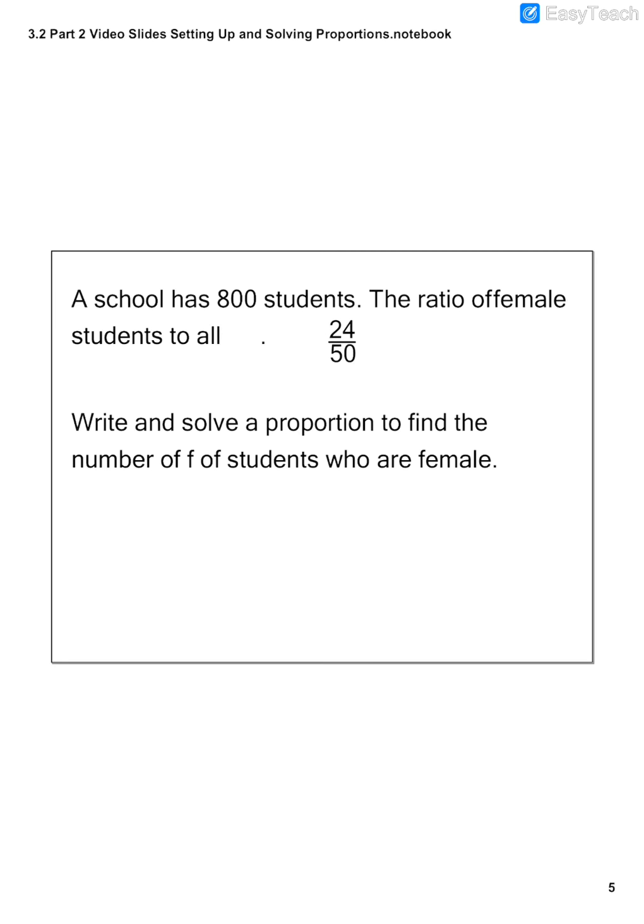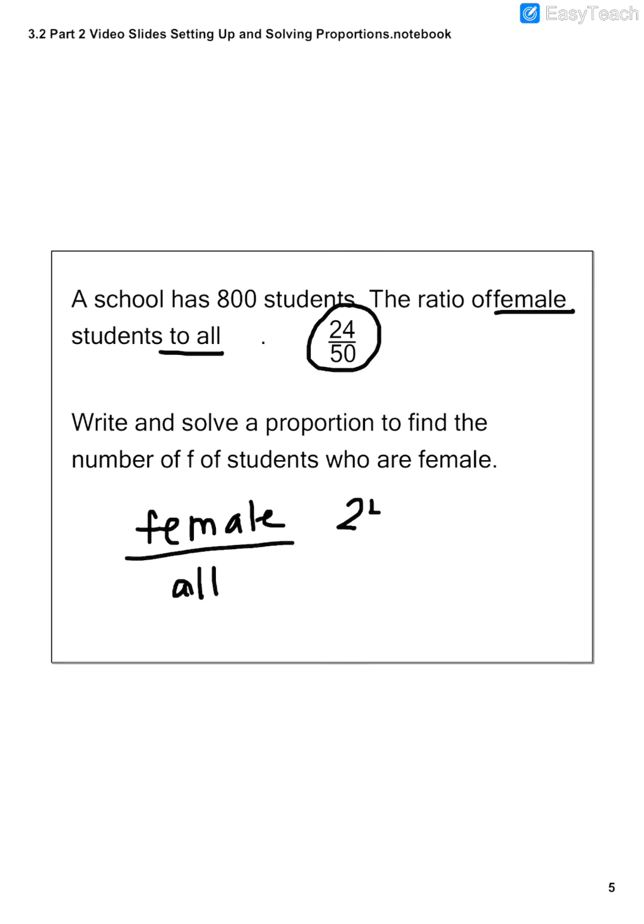So again, it's comparing female to all. So I'm going to write that starter ratio, female over all, and it already put it in ratio form for us. So 24 females out of 50 is equal to, and now we want to figure out how many females out of 800.